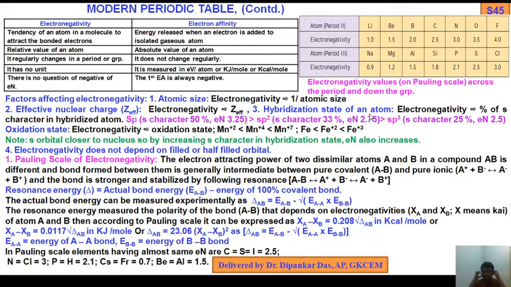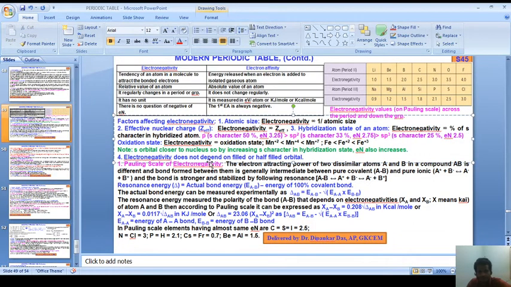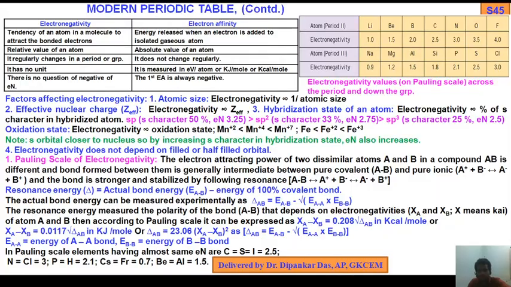Next, the hybridization state of an atom. Electronegativity is proportional to the percentage of s character in the hybridized atom. Why? sp means s character 50%, electronegativity 3.25. sp2 has s character 33%, electronegativity 2.75. sp3 has s character 25%, electronegativity 2.5.